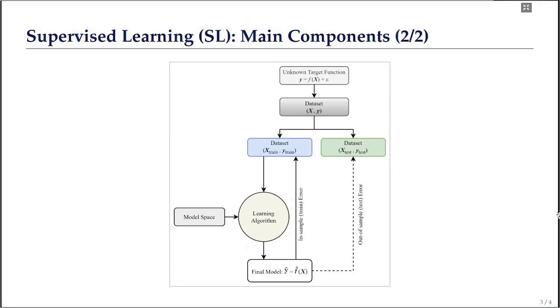So this y hat equals f hat of x is selected from the model space M. So the errors obtained using the training datasets are called in-sample error or training error, and the errors from the test datasets are called out-of-sample errors or test errors. So in machine learning, our objective is to minimize both the in-sample error and the out-of-sample or test errors.